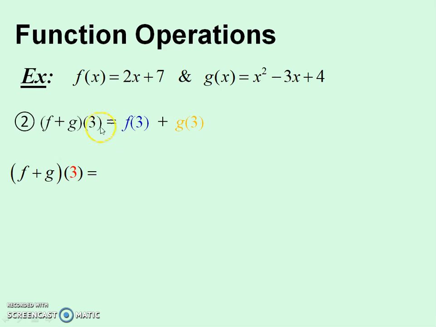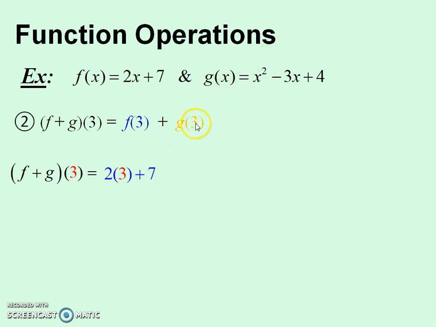The second way to do this is understanding that f plus g of 3 is simply equal to f of 3 plus g of 3. If I haven't done the work to simplify the two functions together, it might be easier to simply plug 3 in to each one individually and then add them. So f of 3 means taking this function, plugging in 3. I've color-coded them. This one's blue.